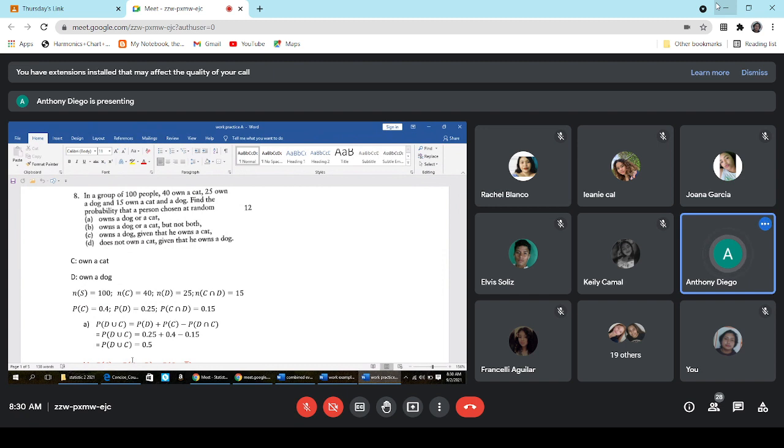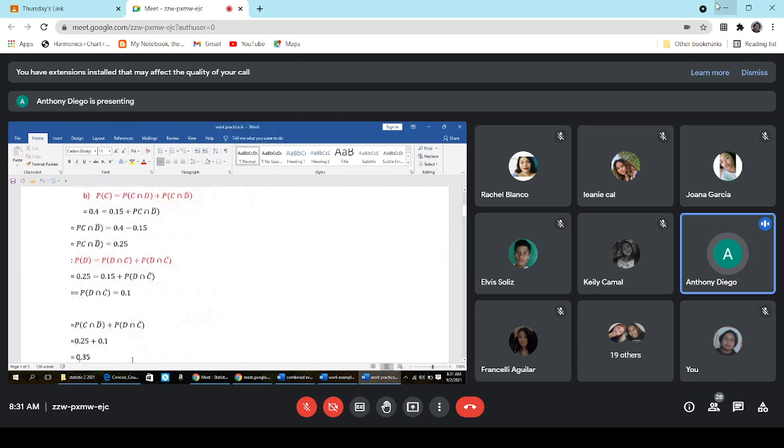Then part C, owns a dog, given that he owns a cat. So I already told you that the person owns a cat, but now they want to know if that person owns a dog, given that he owns a cat. So that's conditional probability.